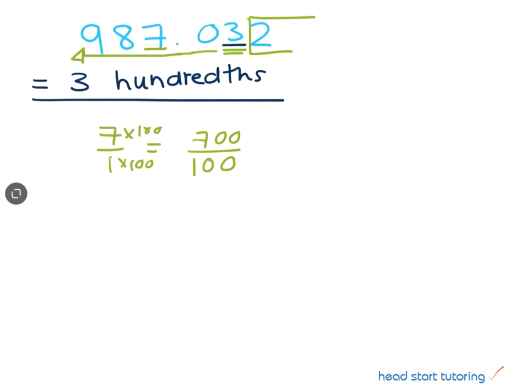So as you can see, in our 0 tenths, we will also have 0 hundredths, because we multiply our 10 by 10, so we multiply our 0 by 10, we will still get 0 over 100. So that is more just a placeholder. But we will have 700 hundredths in 7 units. So you can already see there's 700 hundredths, and there's our 3 hundredths.